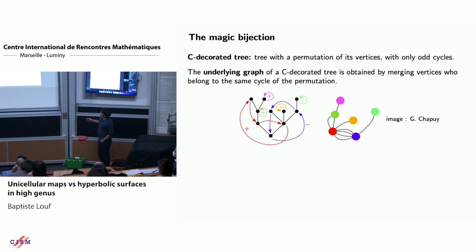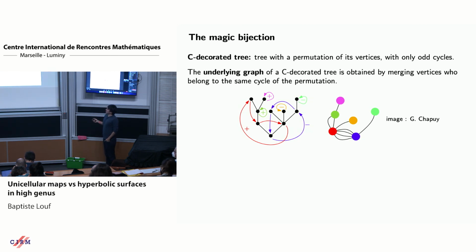And you can build a graph out of this tree by taking the vertices that belong to the same cycle and merging them, so you bring them together. So this C-decorated tree has this underlying graph, for instance. The red cycle is going to merge into this big red vertex, and so on.